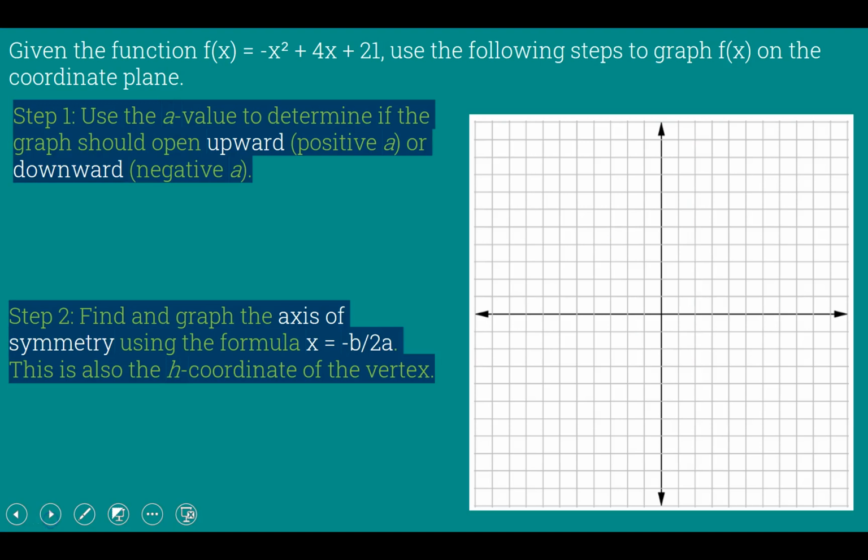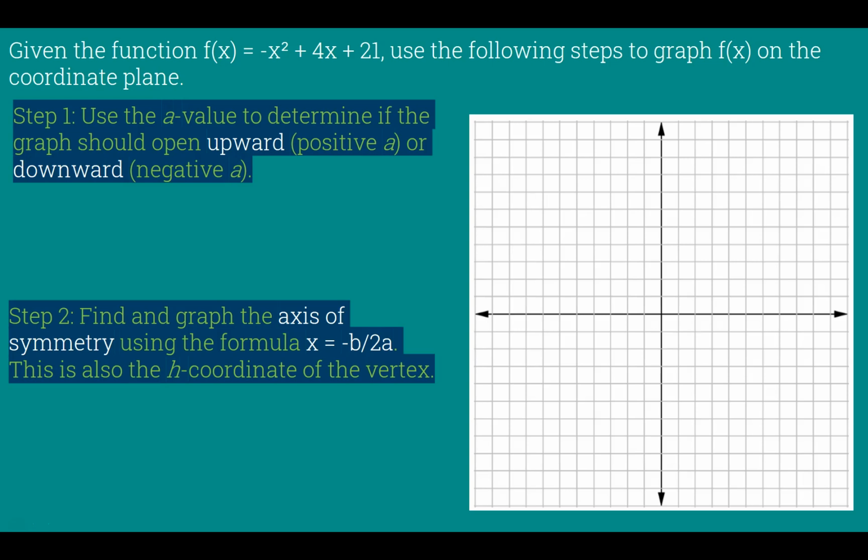All right, we have a new equation. Therefore, my A's, B's, and C's are different. So let me reset the board up here to get us ready. What is my new equation? Negative X squared plus 4X plus 21.